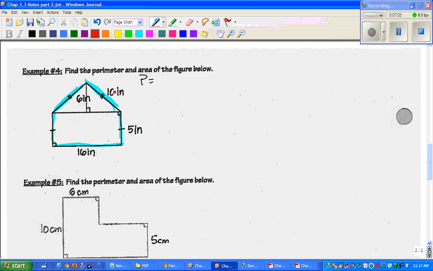So let's fill in some of the other sides that we know. The top over here is 10 inches. And the length on the left over here is 5 inches. So when we find the perimeter, we're adding 10 plus 10 plus 5 plus 16 plus 5.